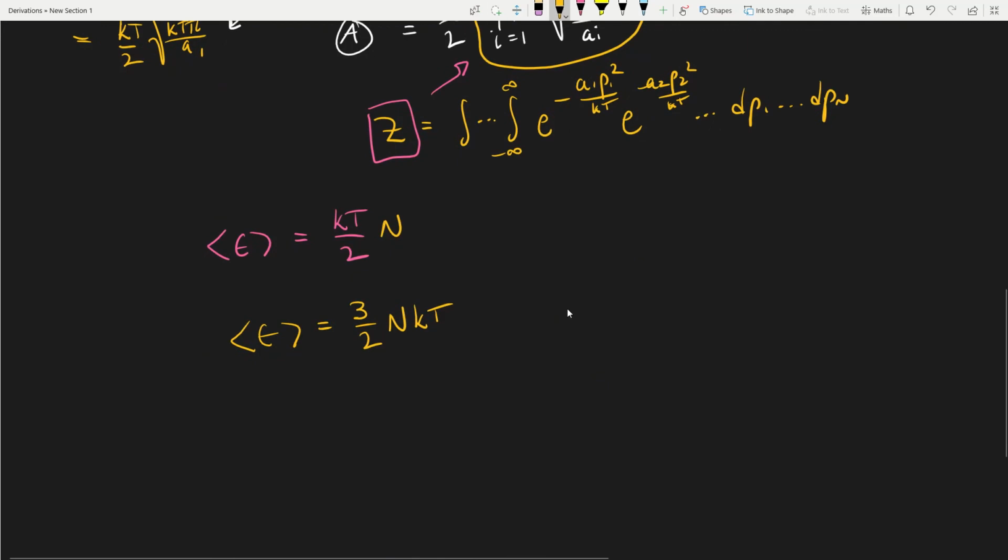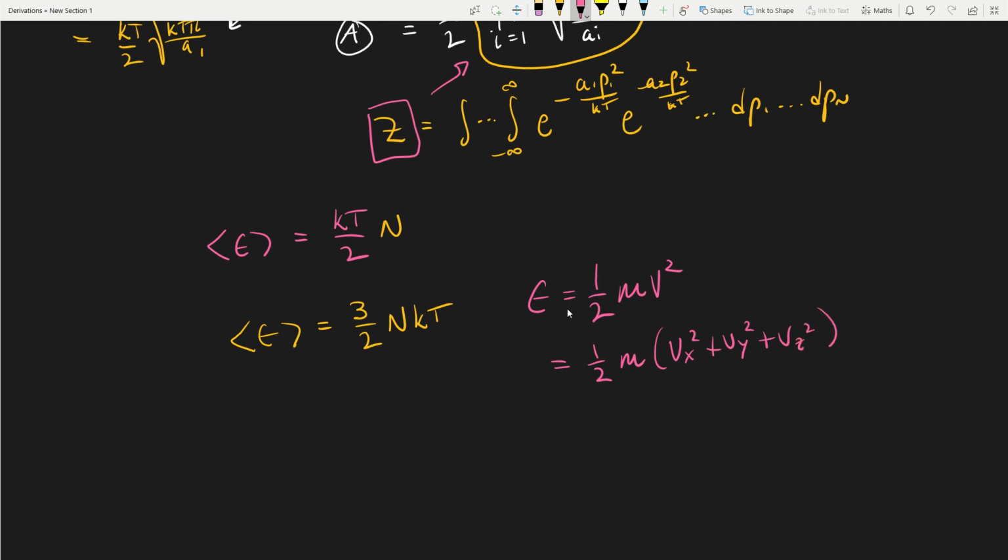If you had a three-dimensional energy function, E, well, let's use v. And we know in standard physics notation it's half m v squared. Now v in general is, just use Pythagoras, or magnitude of a vector, whatever you want to call it. It has three components: vx squared, vy squared, vz squared. So if you really notice these terms, these extra components, these are going to create more terms up here.